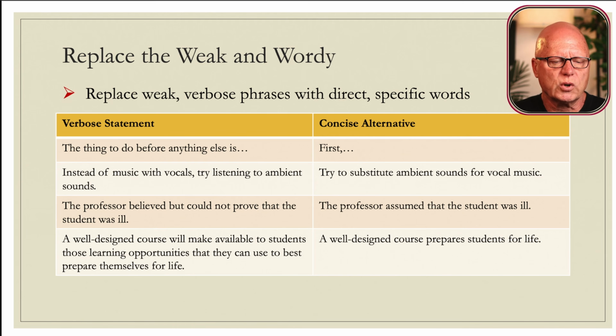So, for example, "the thing to do before anything else is blah, blah, blah" can easily be replaced with "first, do this." Instead of "using music with vocals, try listening to ambient sounds," that can be rewritten without changing the meaning as "try to substitute ambient sounds for vocal music."